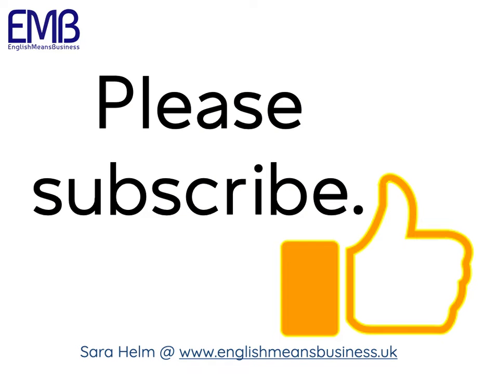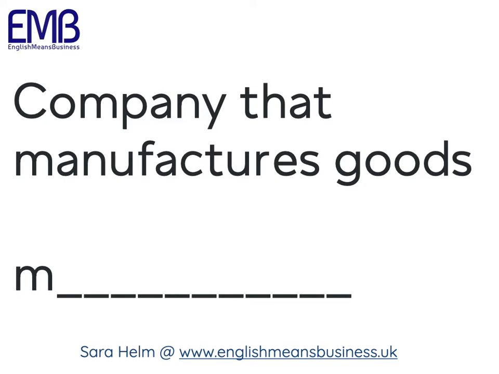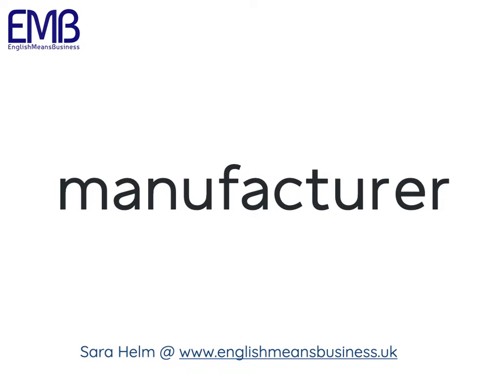Okay, now we're going to move on to a vocabulary test with hints. And if you need a minute or two to think about each answer, just press pause. Here we go. A company that manufactures goods is a manufacturer.